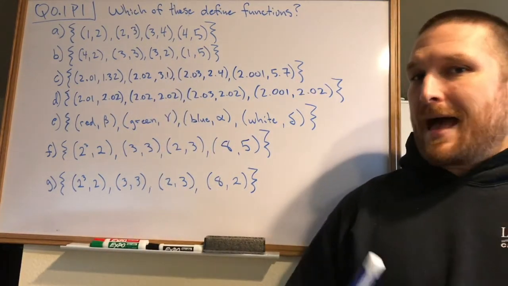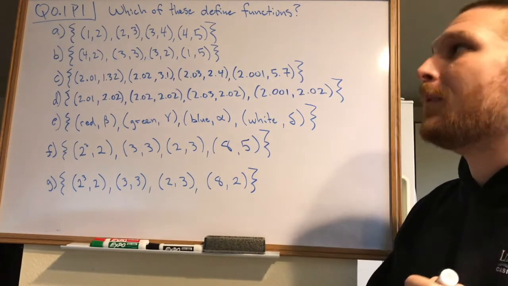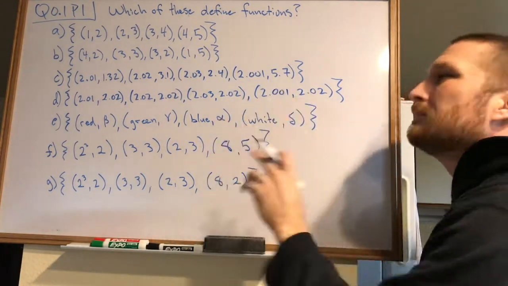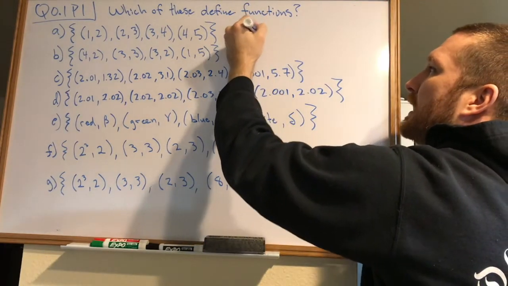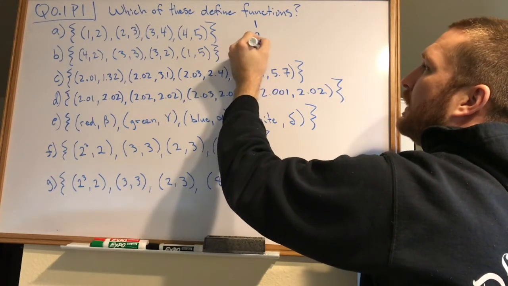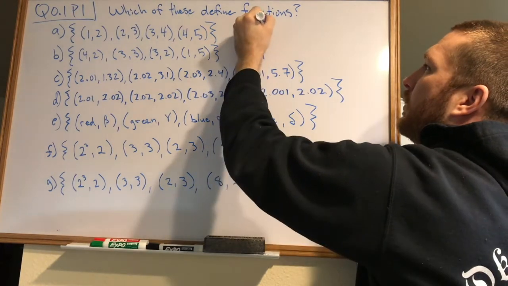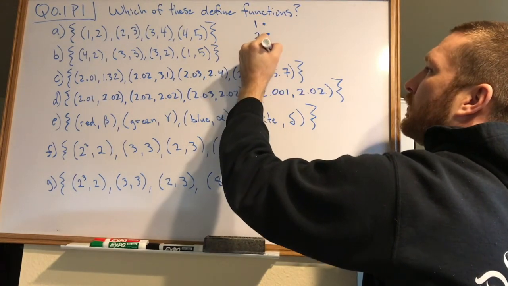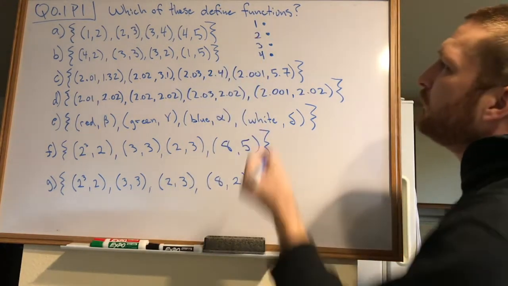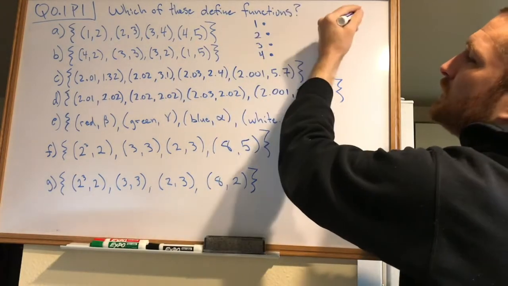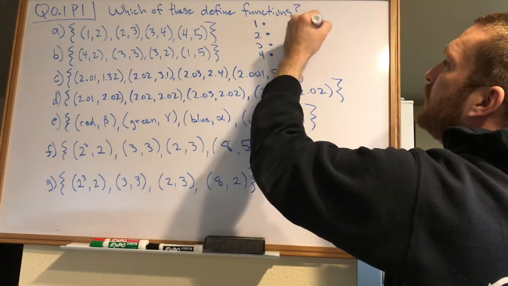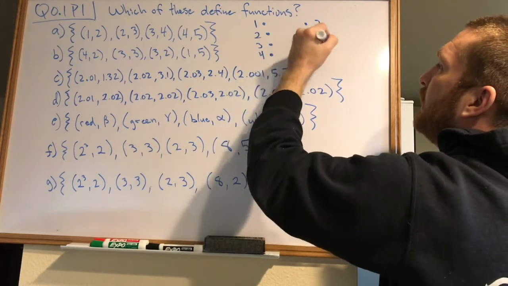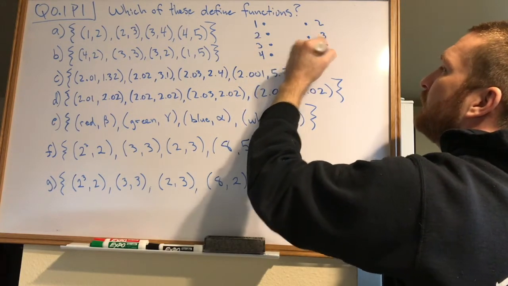We can think about that in a bunch of different ways. We could actually draw this as a set of points where we have the point 1, the point 2, the point 3, the point 4, and it gets mapped to the points 2, 3, 4, and 5.